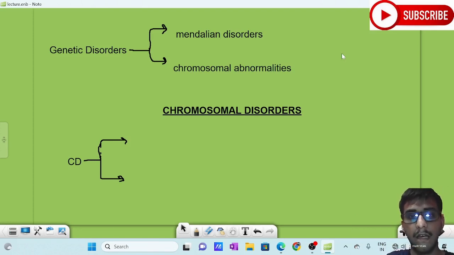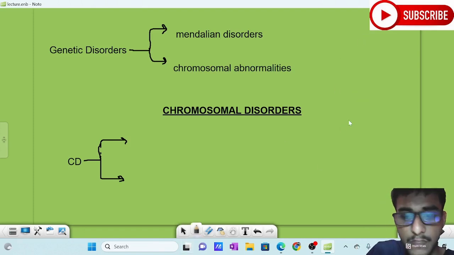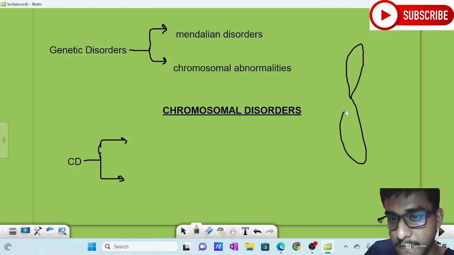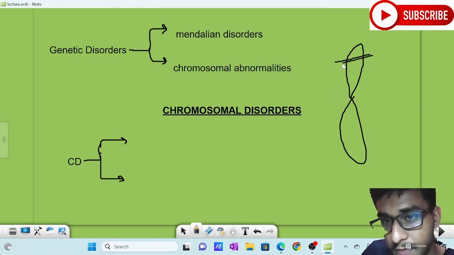Chromosomal disorders are caused by the addition or deletion of certain segments of the chromosome.